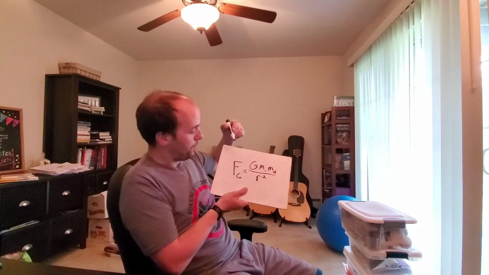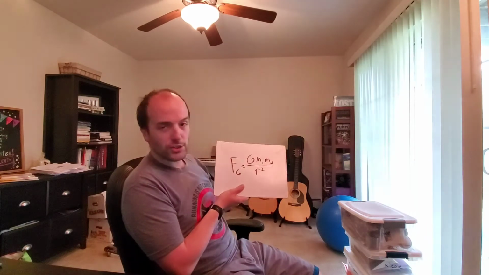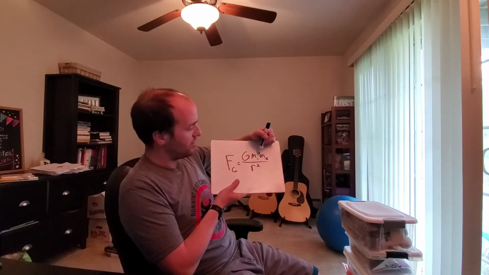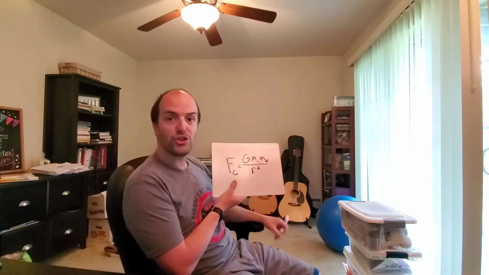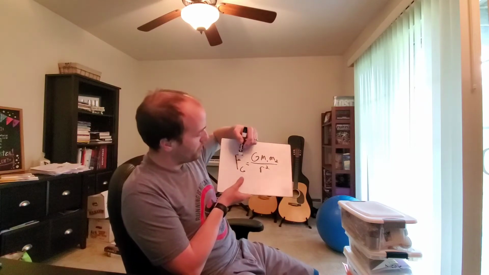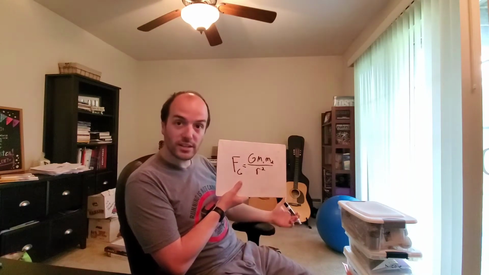Okay, so what I'm going to do is go through each symbol and talk about them a little bit. To start, let's go with the masses. You know what mass is? It's the measure of how much stuff there is, measured in kilograms. Nothing too groundbreaking there. Your force of gravity, right? Previously, you may have referred to this as the weight of an object.